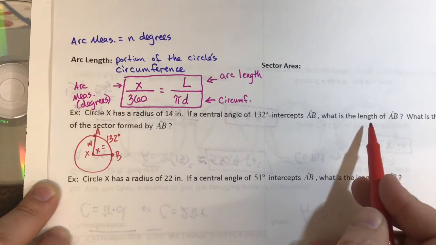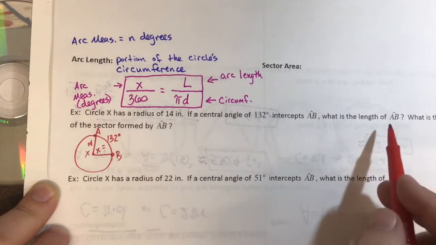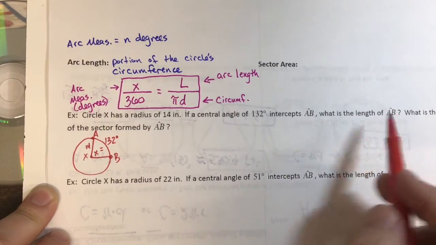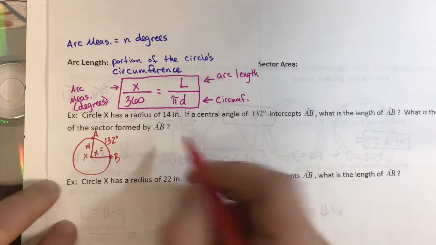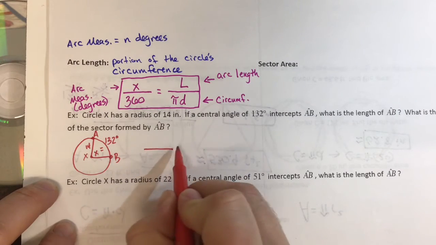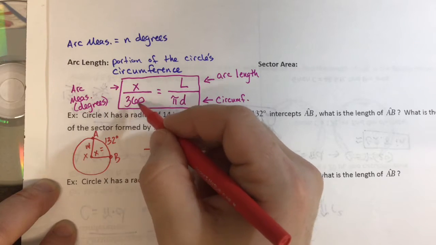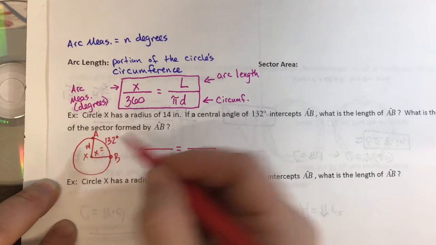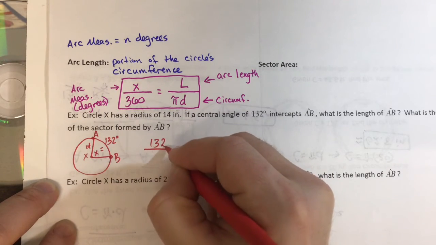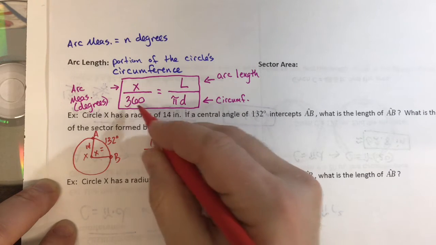They want to know what the length, or the problem here is asking, what is the length of that arc AB? So we're going to use this proportion. All right, so we're going to set up a ratio. We're going to use x over 360. Well, the arc measure in degrees is 132 out of our full 360.